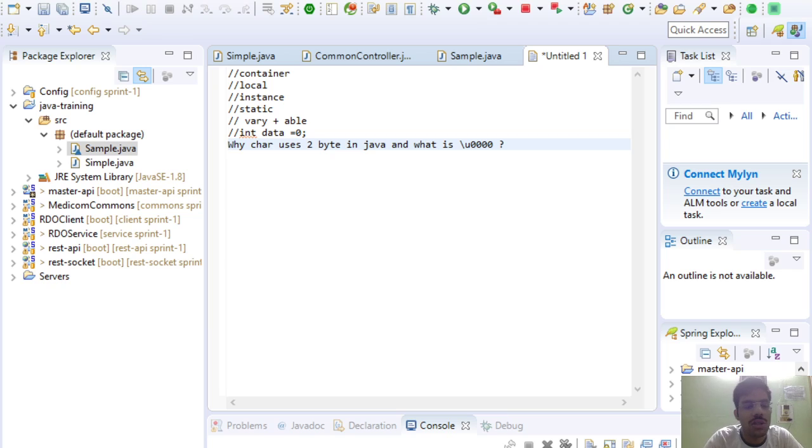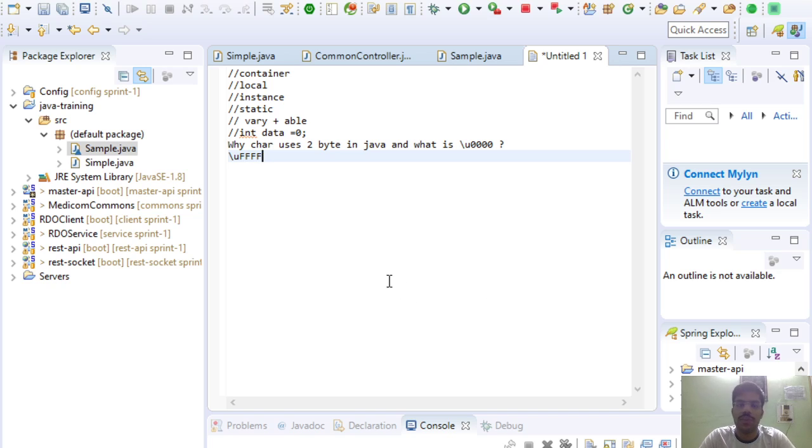In Unicode, \u0000 is the lowest value and \uFFFF is the highest value. A Unicode character holds 2 bytes, so Java also uses 2 bytes per character.